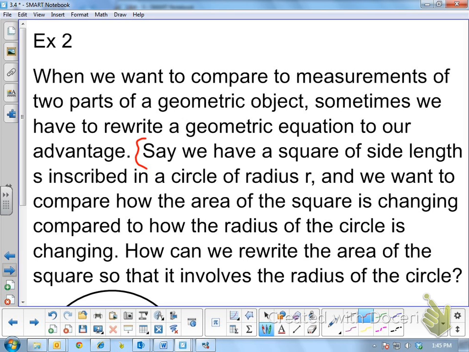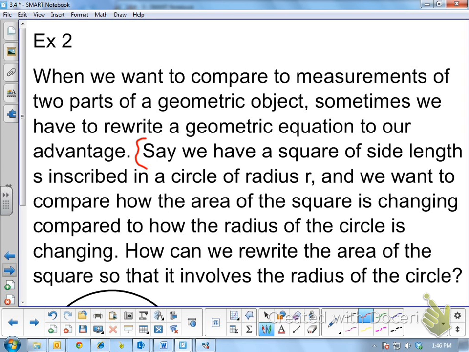So sometimes when we're trying to work with these geometric shapes, we want to compare certain pieces of our objects. Sometimes we have multiple objects together, or sometimes, say we have the volume of a cylinder. We have both radius and height. So when we're taking a derivative, at least right now, we can't have multiple variables. Or sometimes we just want to see how one thing is changing in comparison to another thing, and we want specifically the radius of the circle instead of the side of the square.